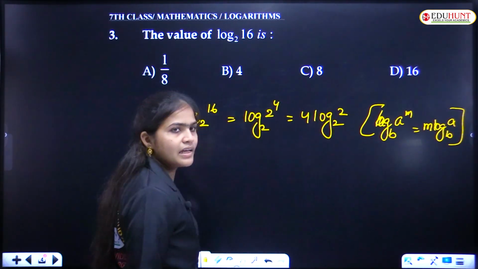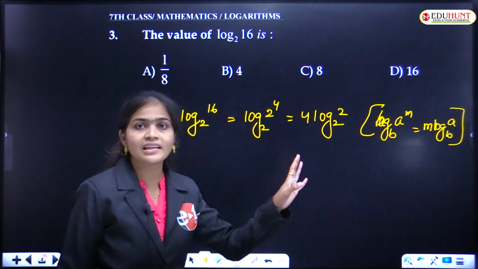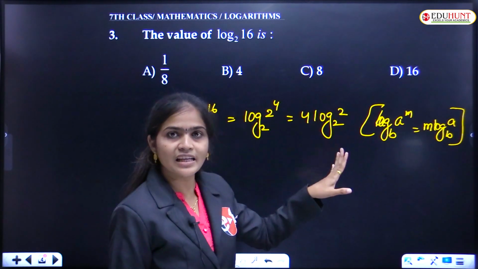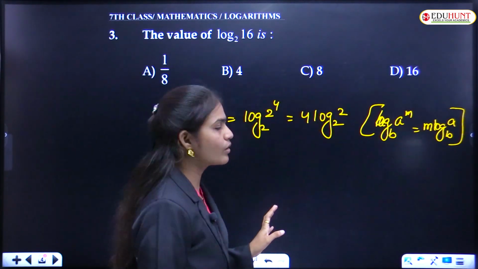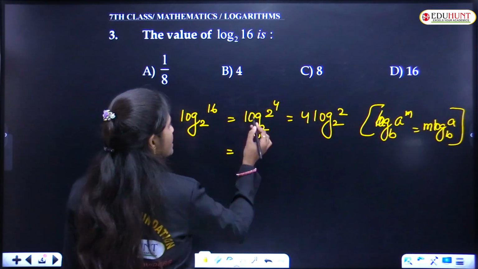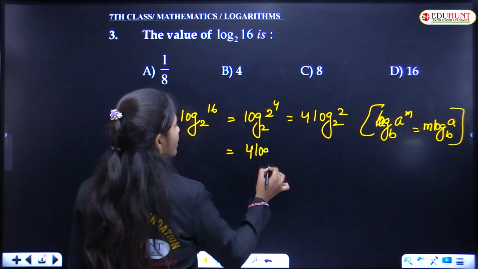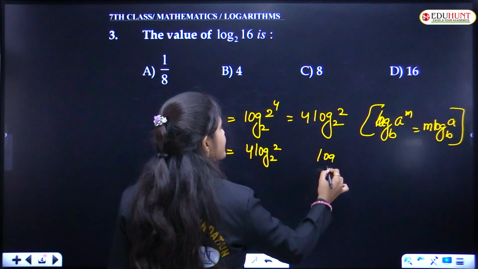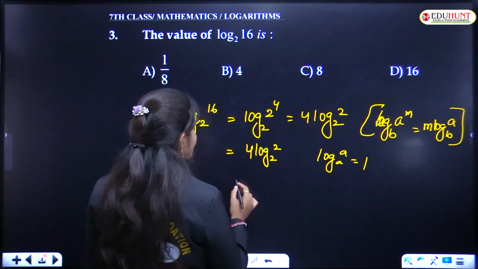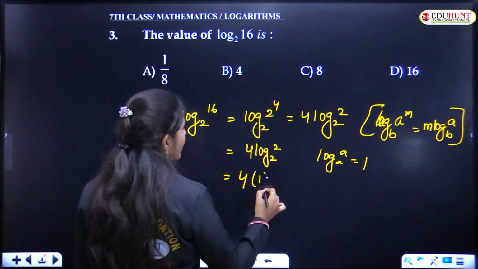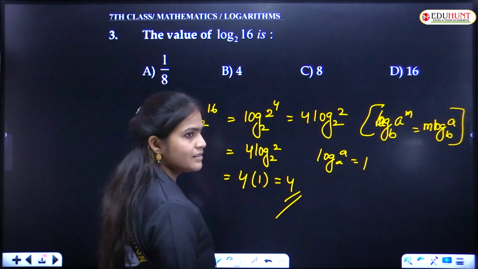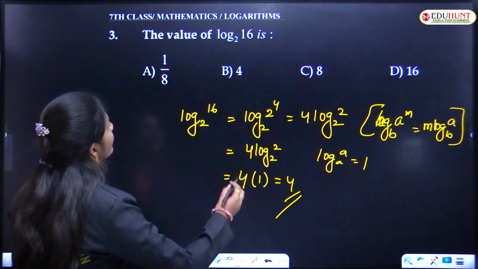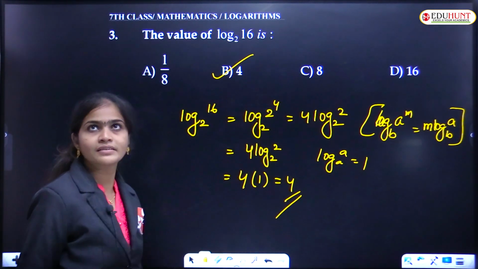I am just changing the variables, don't worry, the formula is the same. So we write this as 4 log 2 base 2, and we know that the value of log a base a is equal to 1. Apply that here: 4 into 1, which is equal to 4. That's it, your answer is complete. Which option is correct? Yes, option B is correct here.